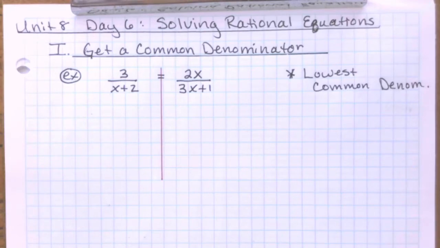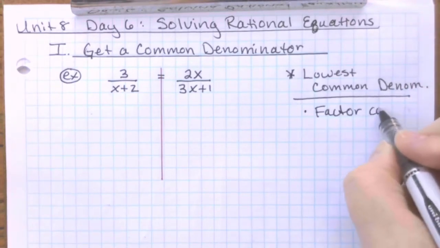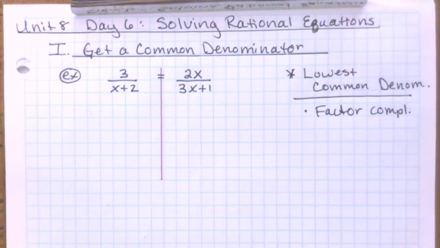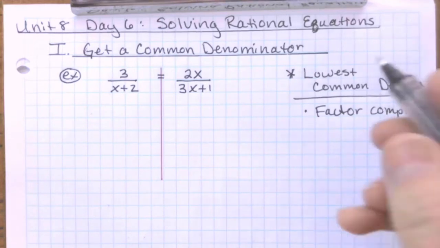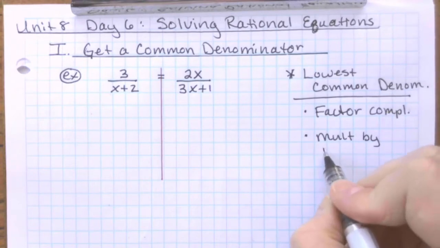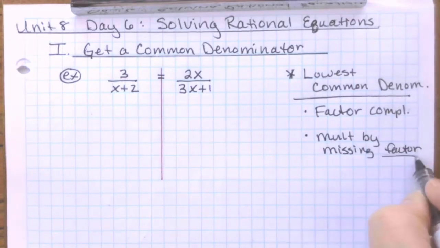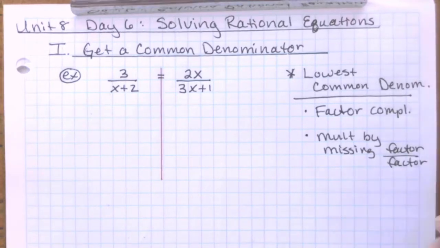So for the lowest common denominator, you need to factor completely. Factor the denominators completely. And then you need to multiply by the missing factor over itself. Now this is legal because anything over itself equals 1. So you can do that at any time and you aren't hurting anything in the problem.